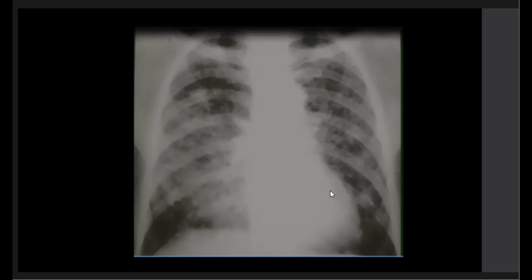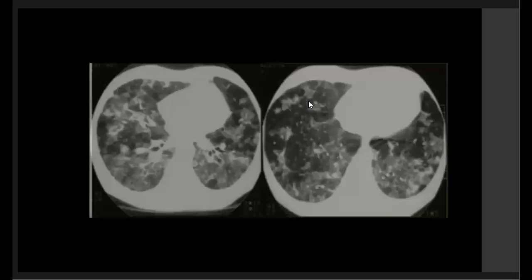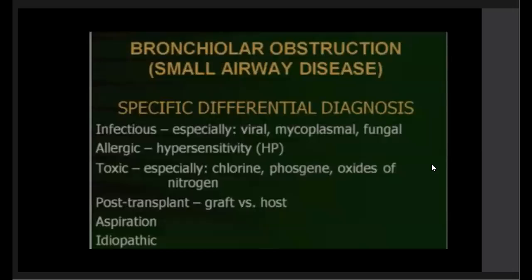And this patient has hypersensitivity pneumonitis, and we also have here irregular nodules and patches. Here, another patient with nodules and patches with the ground glass appearance involving both lungs.